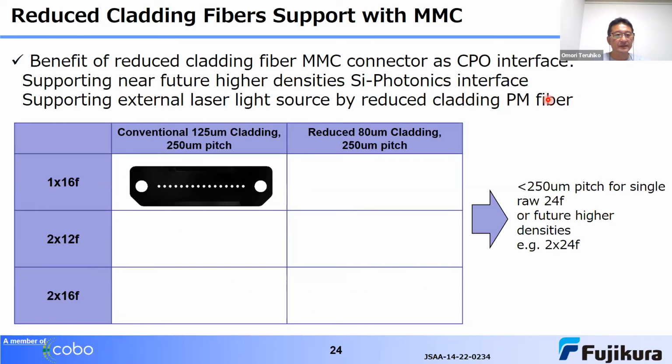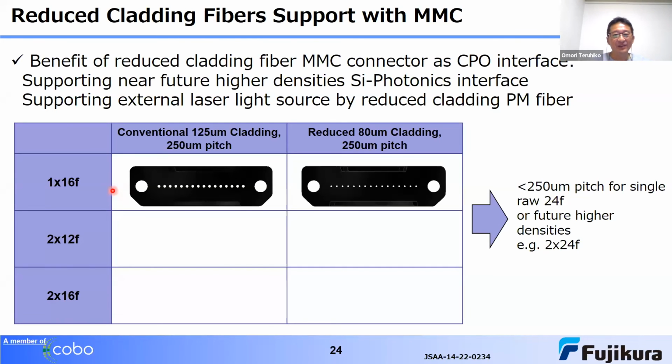And this is a summary of reduced clad fiber options. We have 1x16 fiber for 125 micron at 200 and 250 micron pitch. And also we have reduced 80 micron cladding with 200 micron pitch.